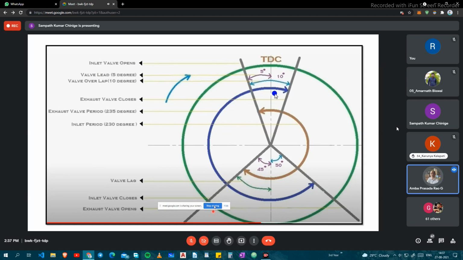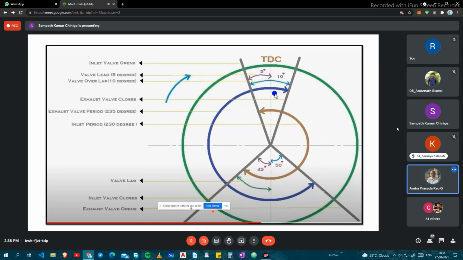So 1000 into 360 degrees is equal to 60 seconds. What is the time taken for 1 degree? 1 degree is equal to 60 seconds divided by 1000 into 360. That is 1 by 1000 into 6, so 1 by 6000. So 1 by 6000 of a second is required for completing 1 degree.